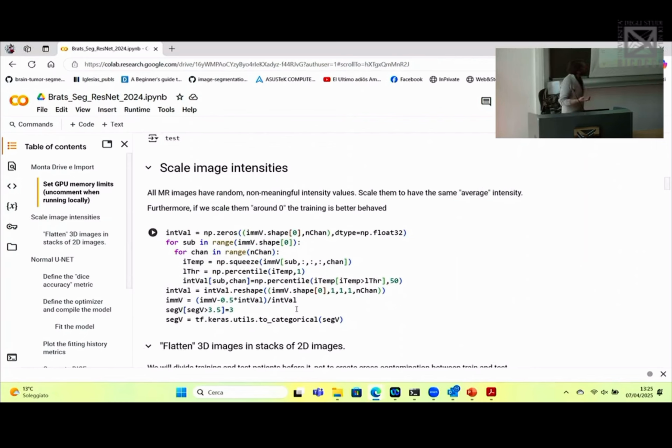And then a topic which I like to stress a lot: we need to scale the images. MR images all have random, non-meaningful intensity values, so we need to scale them to a common scale for better conditioning. Remember that in this case we will build a neural network, but it could have been anything which takes an image in input and gives us a categorical output.